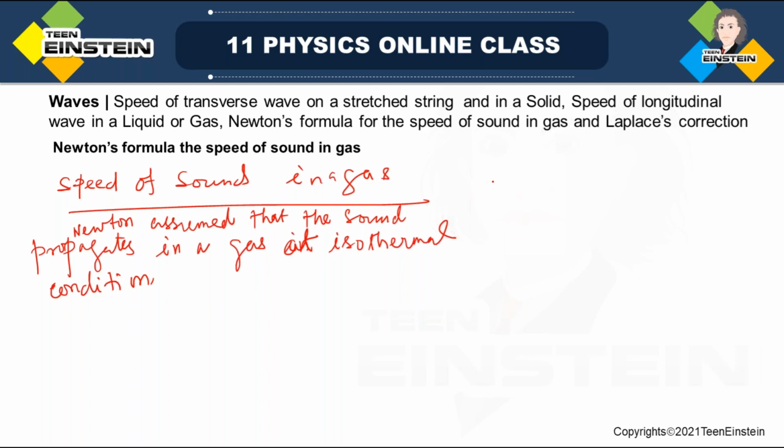So you have to see we have got the velocity in a gas as square root of kappa by rho. That is what we have got.